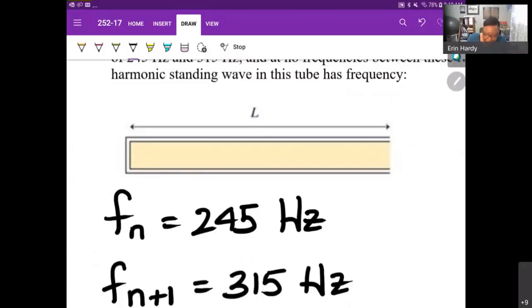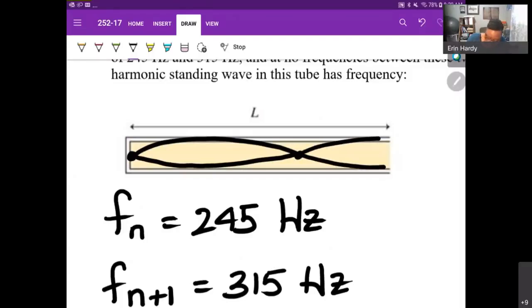The m equals 3 standing wave in this tube would have one complete half wavelength and then a quarter wavelength here. The node that's on the blocked side would be 1, and then the second node that shows up tells us that this would be m equals 3.